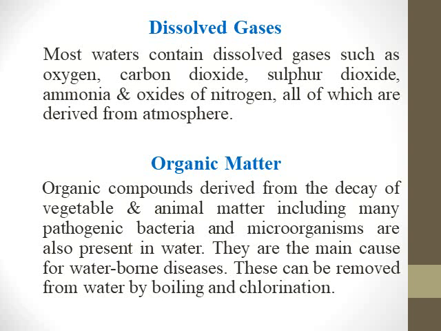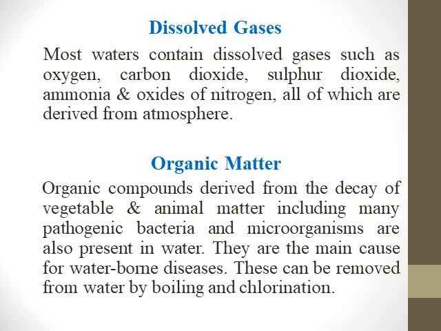The second impurity is suspended impurity, which mainly includes two types: inorganic suspended impurity, which is clay, silicon oxide, or hydroxides of iron and aluminum, and organic suspended impurities, which are the decaying vegetable and animal matter. Dissolved gases like carbon dioxide, oxygen, sulfur dioxide, ammonia, and some oxides of nitrogen should also be removed from the water.